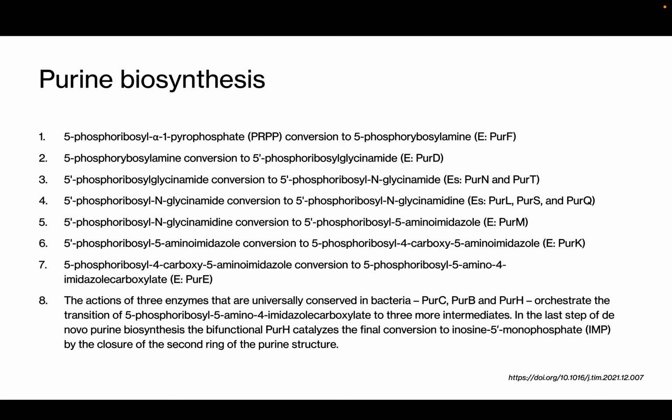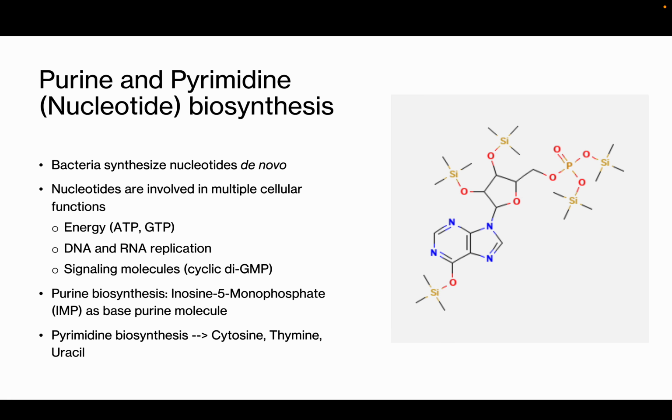Before we discuss this, I'd like to go back to this slide. For the case of microbes, it has been well theorized that nucleotide synthesis can be an important element in the survival and the pathogenicity of bacteria.